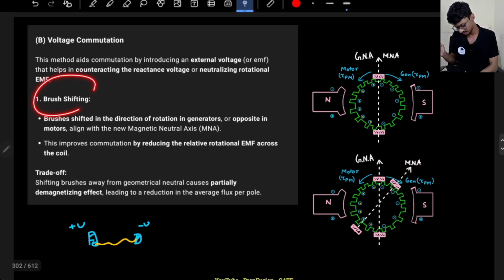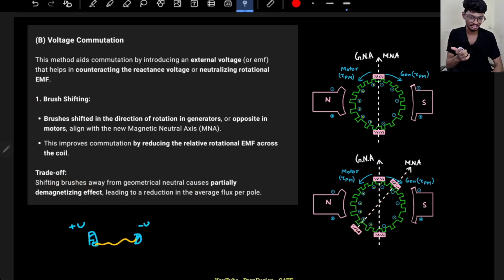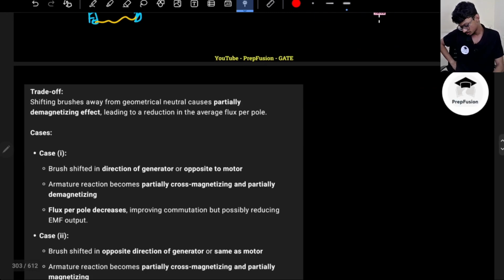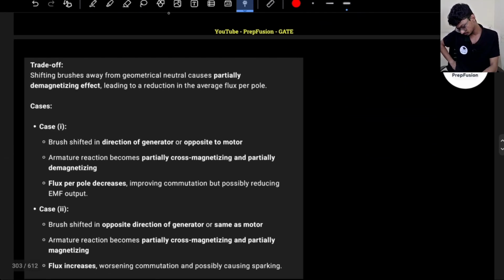So that is the first way, brush shifting. But shifting brushes away from the geometrical neutral axis causes a partially demagnetizing effect. Although for commutation it is fine, it can provide a partially demagnetizing effect because this is not perpendicular to the field flux lines. So this was the trade-off basically.